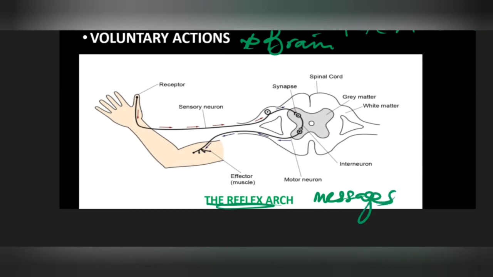So here now we have a receptor organ, which is the skin. Imagine that this individual touches a hot iron, the receptor organ, which is the skin, will respond to collect this, and the sensory neuron picks this information from the receptor organ and passes it to the relay neuron. The relay neuron is located in the spinal cord. It is the neuron that joins these two together.